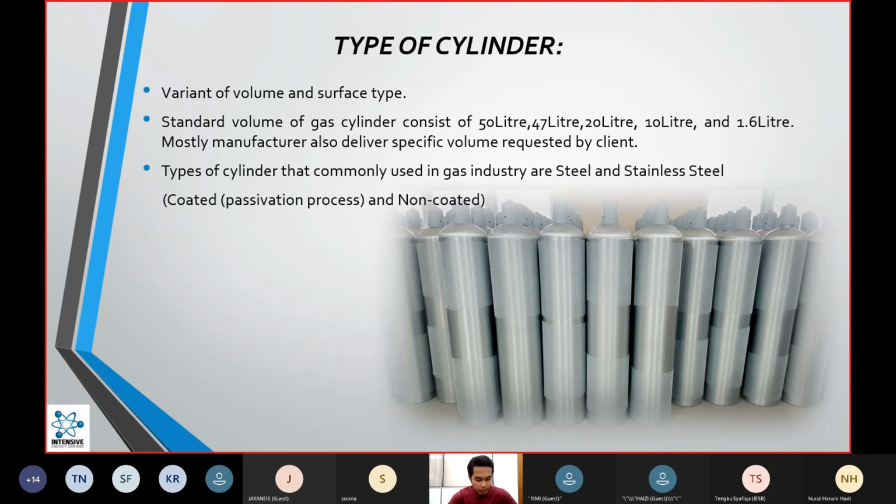This is one of the initiatives for you all as a client, where you can save cost by using the right cylinder for the right gas. Because if you buy the gas and use a gas cylinder that is coated, the price is more expensive than non-coated. And it also helps you to save cost.